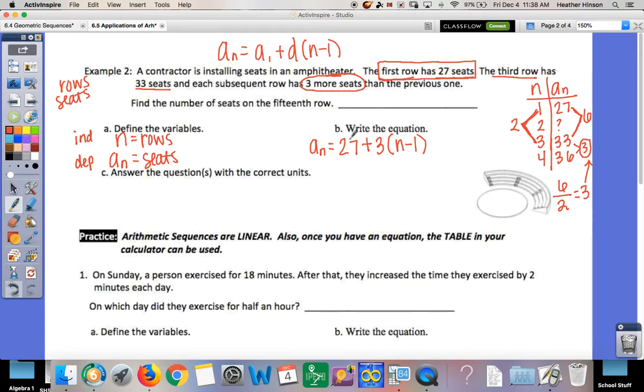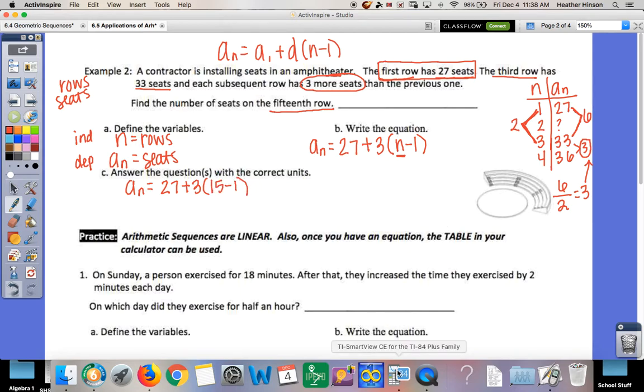So answer the question with correct units. Find the number of seats on the 15th row. So for the 15th row, is that going to be n or a sub n? Row is n, so we're going to plug into n. Sometimes you're going to have to plug into a sub n, so make sure you know which one you're looking for. 15.